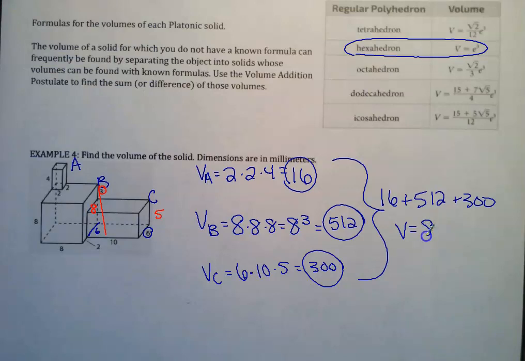And what's my unit of measurement? Millimeters. Millimeters what? Cubed, because it's volume. Okay, so it is 828 millimeters cubed.